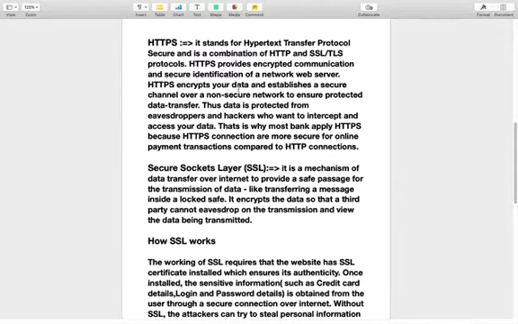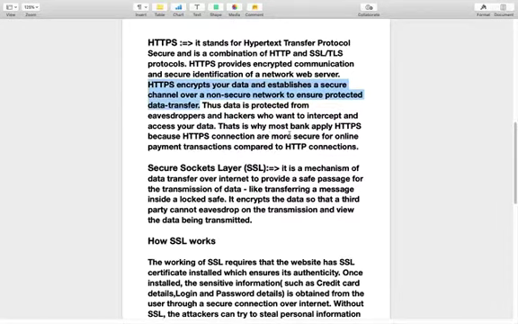HTTPS encrypts your data and establishes a secure channel over a non-secure network to ensure protected data transfer. So it is a very important protocol. Thus, the data is protected from eavesdroppers and hackers who want to intercept and access our data.